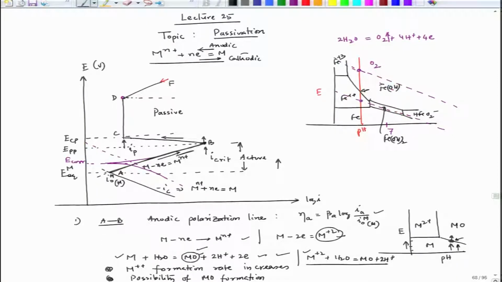So, we will have a continuous growth of metal oxide, and this metal oxide is also allowing the metal ion to move out from the inner surface to the outer surface, that means from the metal and oxide interface to the metal oxide and electrolyte interface, and then it is dissolving.